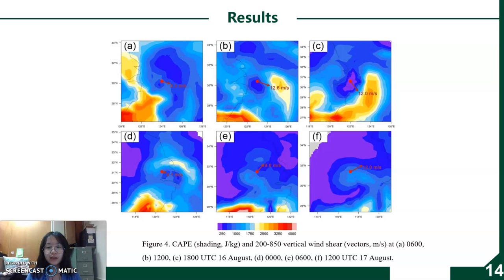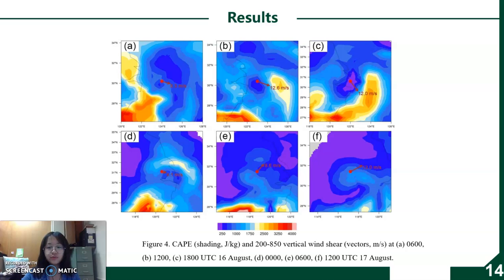Figure 4 is the CAPE in shading and the environmental vertical wind shear from the radius from 200 to 600 kilometers. This figure shows that before landfalling, the environmental vertical wind shear was southeastward, and after landfalling, it began to turn to northeastward.